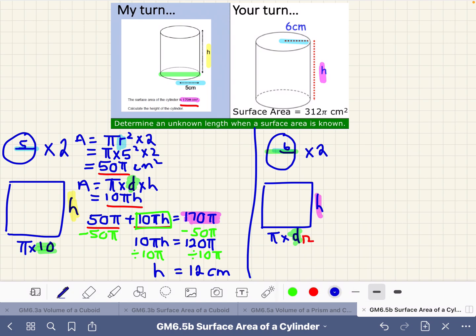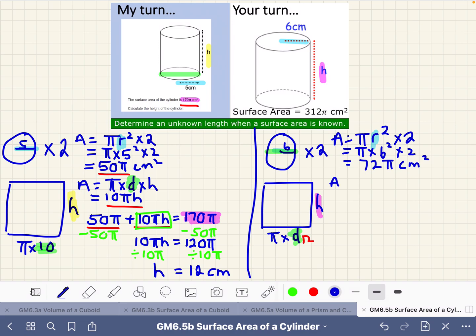We calculate now the areas of the shape. The area of the top one is pi r squared multiplied by 2, as there are 2 of them, where the radius is 6. Pi times 6 squared multiplied by 2. 6 squared is 36, multiplied by 2 is 72 pi centimetres squared.